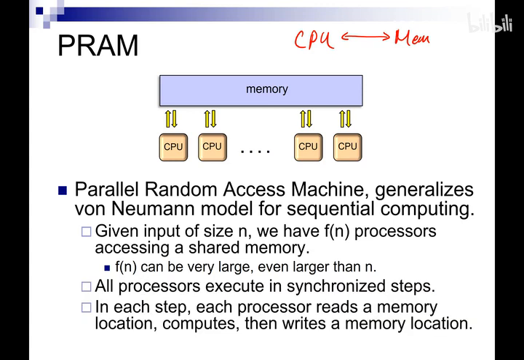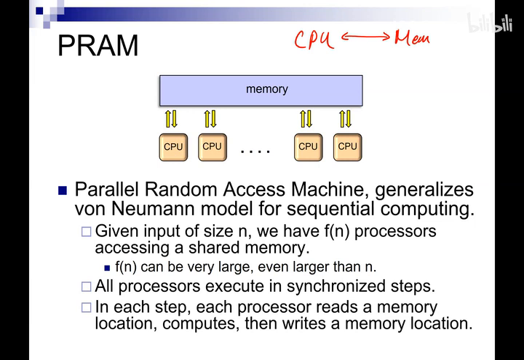So this here describes the model I was mentioning. These processors are all synchronized, by the way. So every time step, all of the processors are going to read from the memory, in synchrony. They can read from different locations, but all of them are going to read.